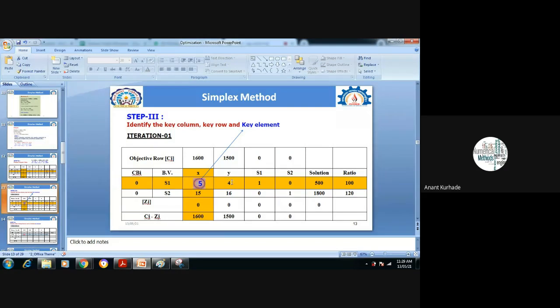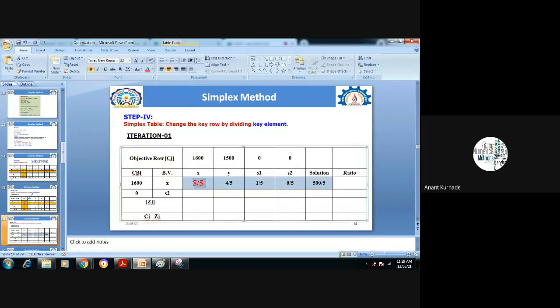So 5 upon 5, 4 upon 5, 1 upon 5, 0 upon 5, 100 upon 5. So you can change these as 1, 0.8, 0.2, 0, and 100.